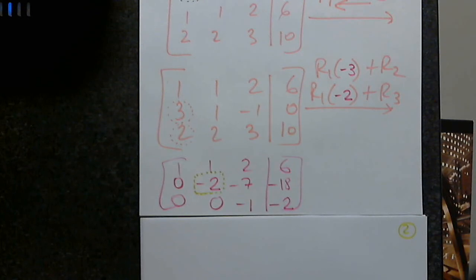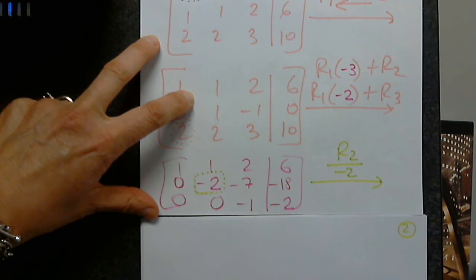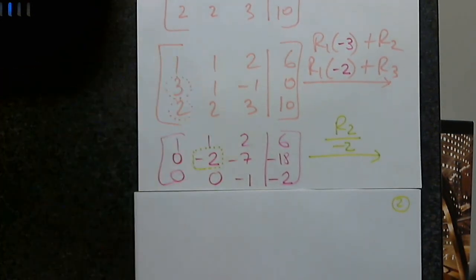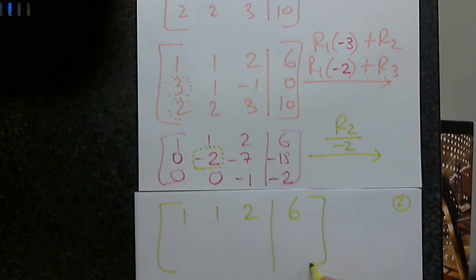In this particular case, I only have one possibility, to divide both sides, the second row, by negative 2. I don't have a second option. So I copy 1, 1, 2, 6. I copy 0, 1, 7 halves, and 9. And 0, 0, negative 1, negative 2.